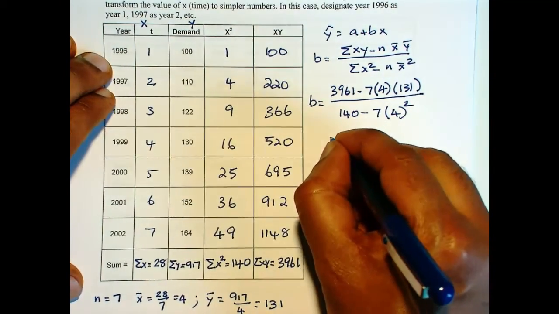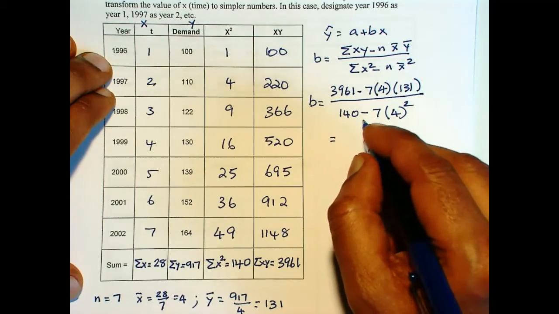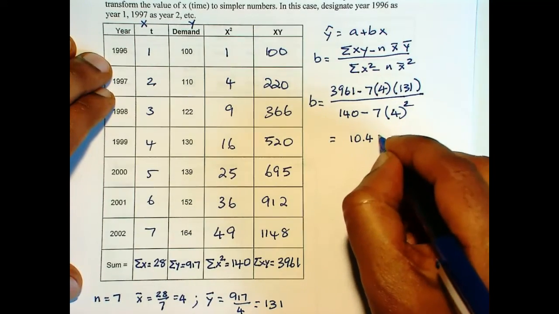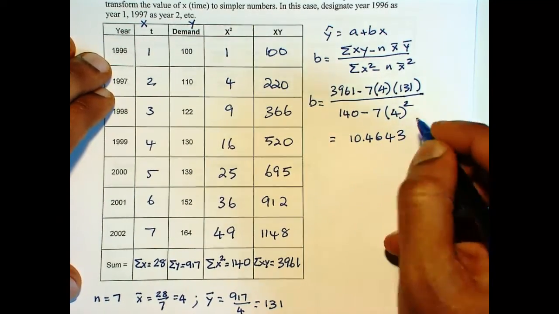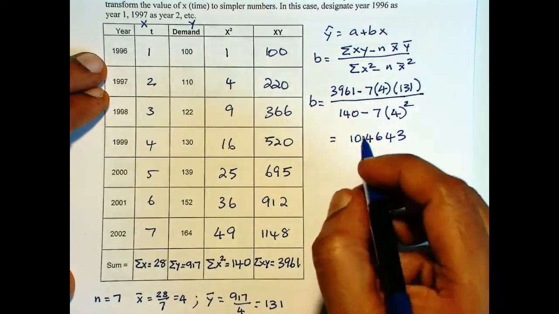So if you work this out, you get 10.4643.